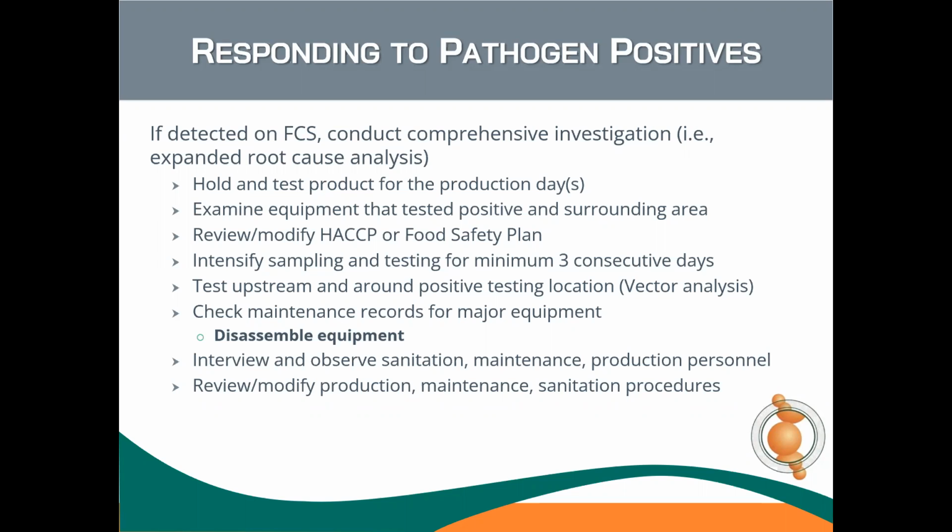You want to review and modify your HACCP or food safety plan. That's an important part of reviewing and doing that corrective action. You want to intensify sampling and testing for a minimum of 3 consecutive days. That is another recommendation that comes from the FDA. It comes from a lot of us testing labs. You want to do that 3 consecutive days to really make sure that you have gotten rid of that problem.